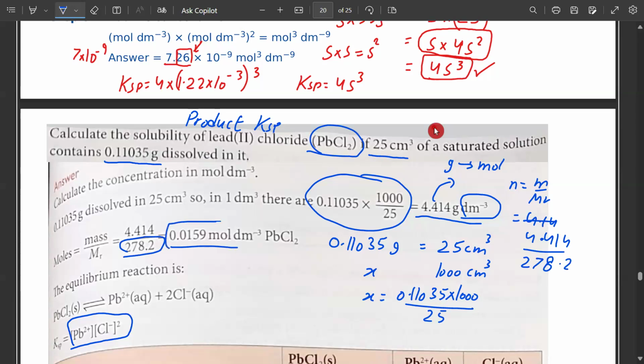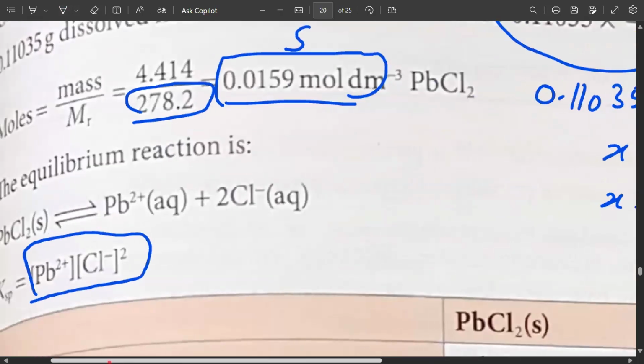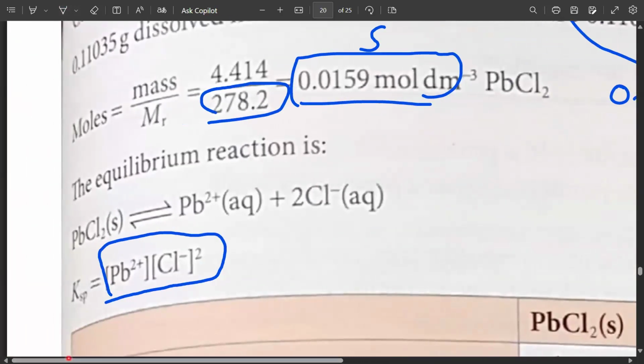Now this value belongs to the solubility value. This is the solubility value. And we were supposed to find the KSP value. So again, the equation will be converted into the expression. So we have one mole of the lead ion and we have 2 moles of the chloride ions. So over here you have this form.